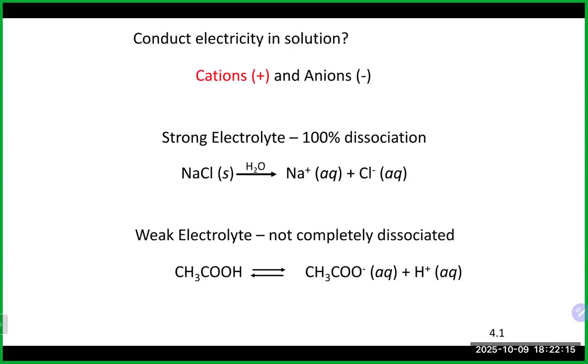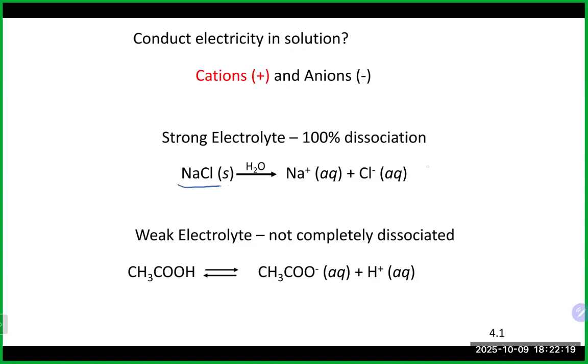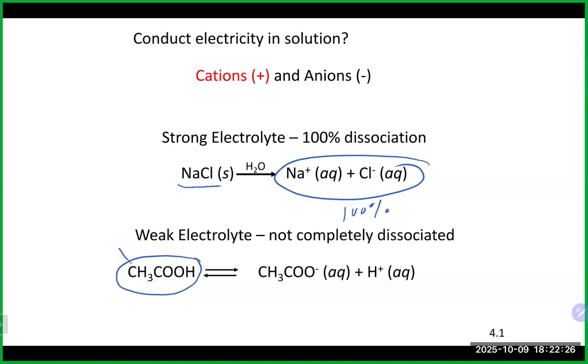So again, here's another example of our strong electrolyte, 100% ions, going to conduct electricity really well. Here's another acid, that's acetic acid. That is basically the main acid in vinegar. And it also is a weak acid.